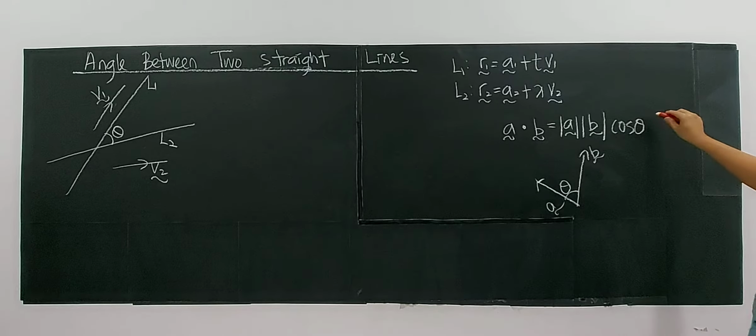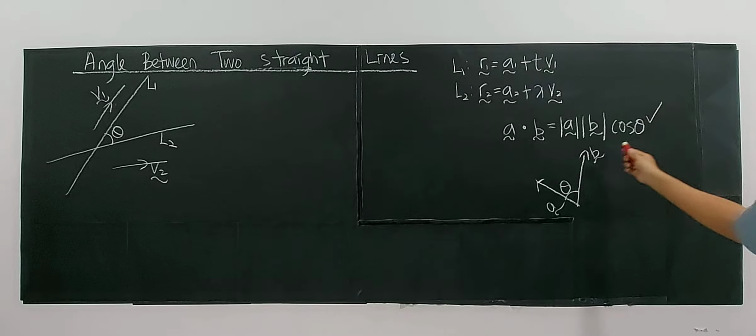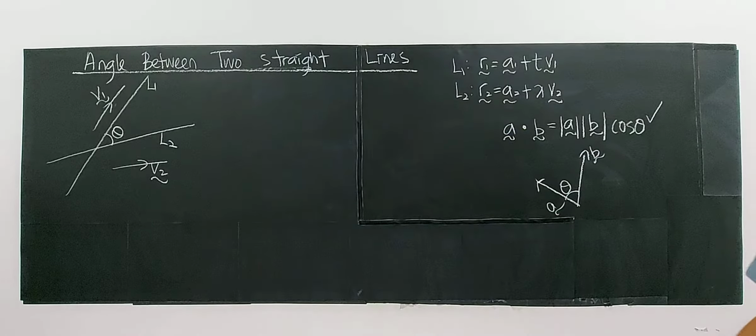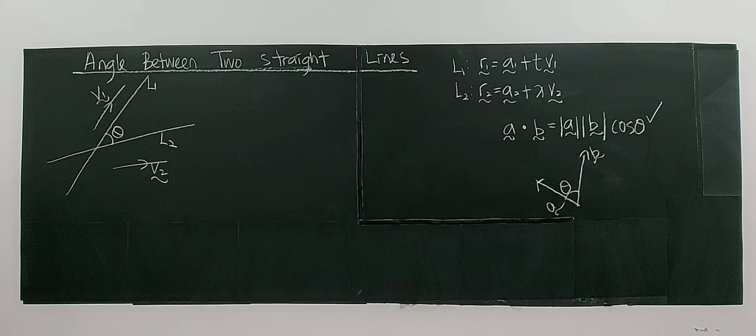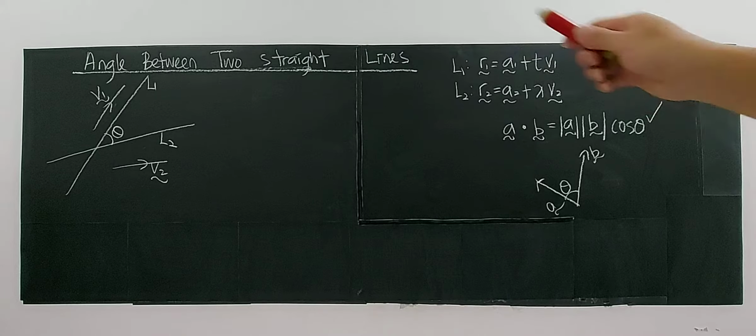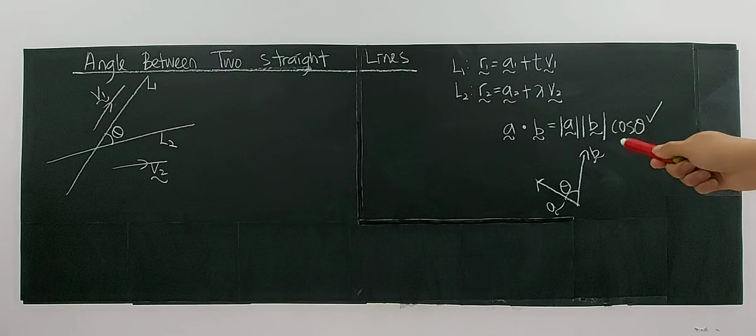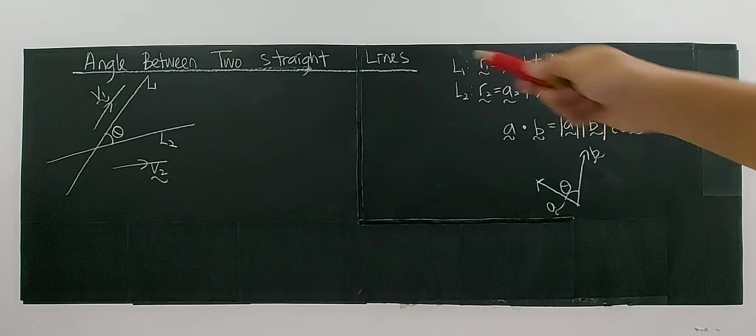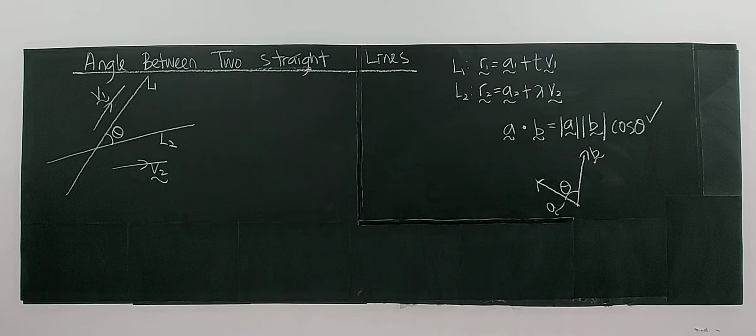So what we're going to do now is apply this formula to vectors in geometry, meaning the application of the dot product in finding the angle between two lines.